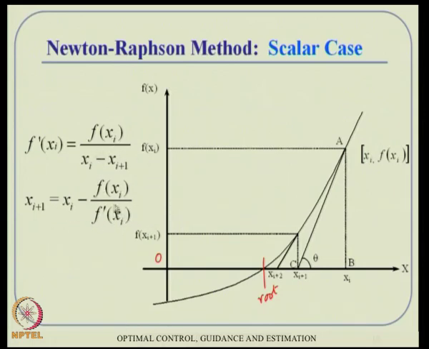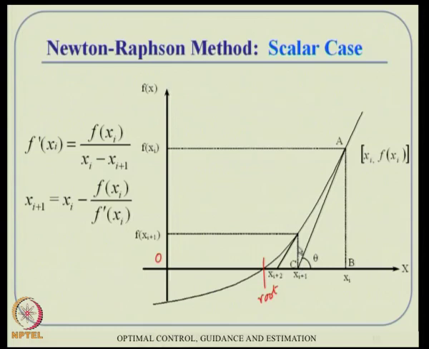And if you just carefully look at it, start with this straight line equation and try to find out the interpretation, the meaning of that. All that it tells me is that I have a guess value, I go to that particular point where it intersects this function, then evaluate the slope, and with that extension of the slope, I will cut this x axis somewhere, and that is going to be my next iteration value.